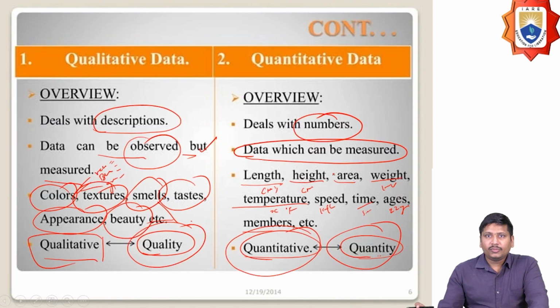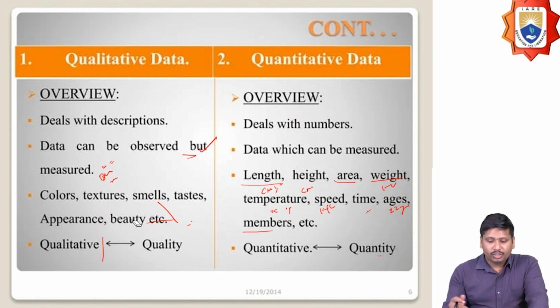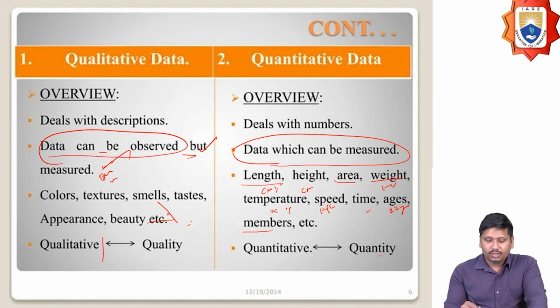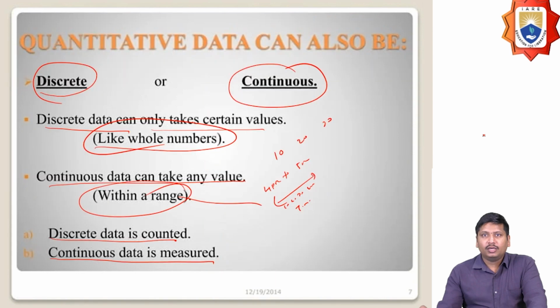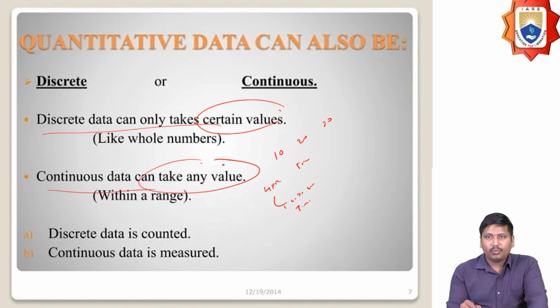Data that is measured is treated as quantitative, and the data we observe is treated as qualitative. These are some of the examples I explained here. And again, quantitative data is of different types like discrete and continuous. The discrete value can take certain values only, whereas continuous data can take any value within a range.